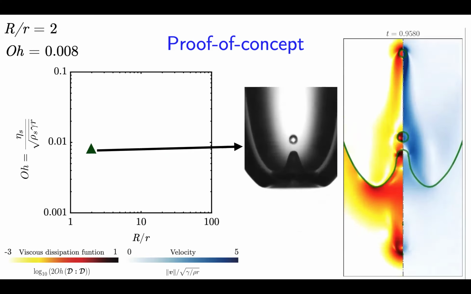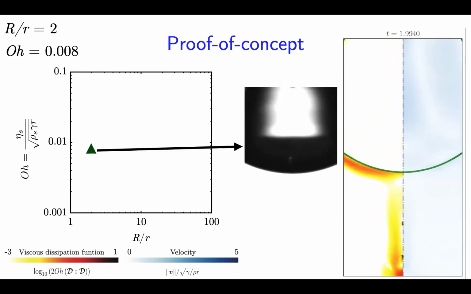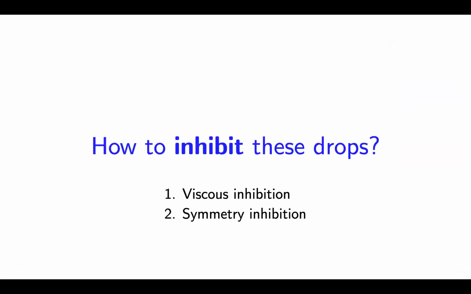Of course, viscosity will damp out the waves which have very high curvatures, but there would be one wave which is left, which has the highest curvature and is still not damped by viscosity. And the velocity and all the processes in this bursting Worthington process are controlled by that strongest wave, which cannot be dissipated by viscosity.